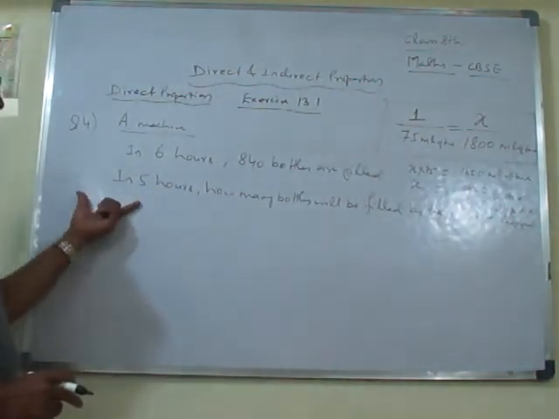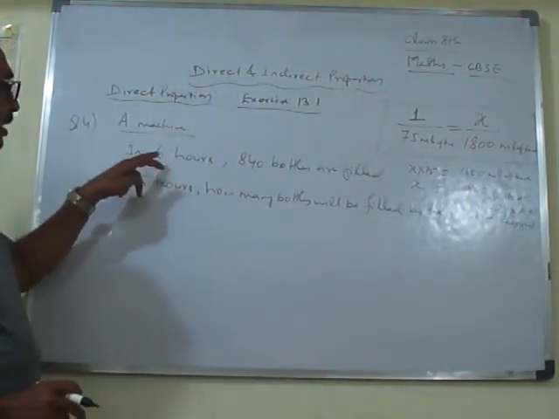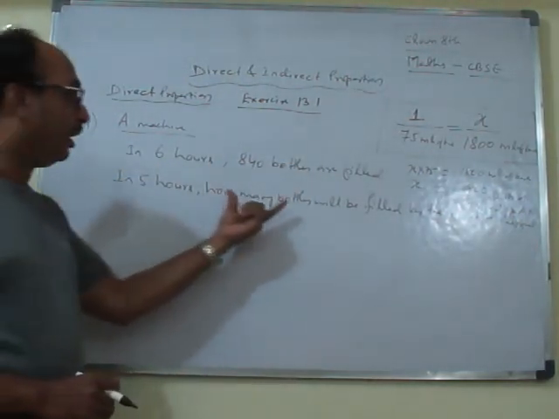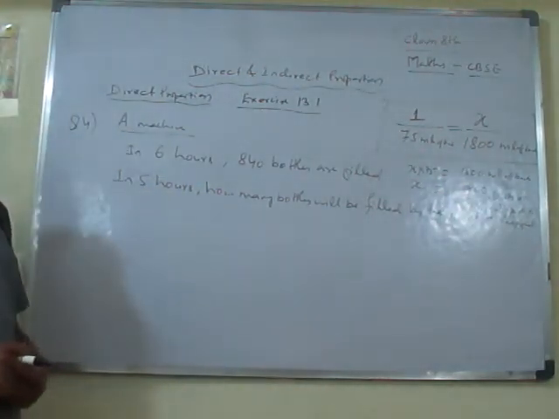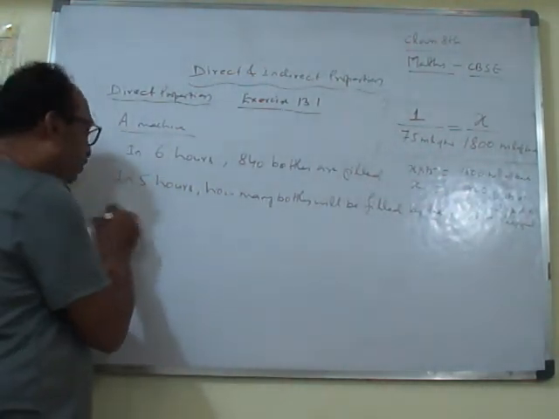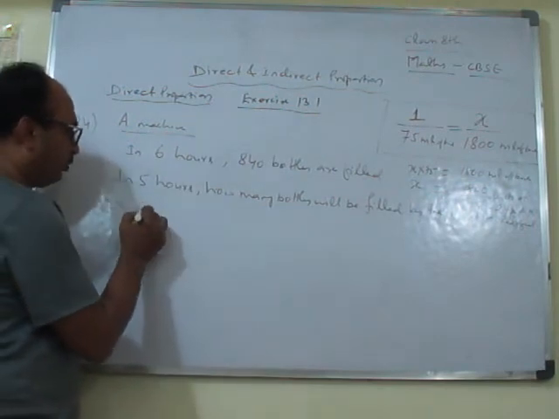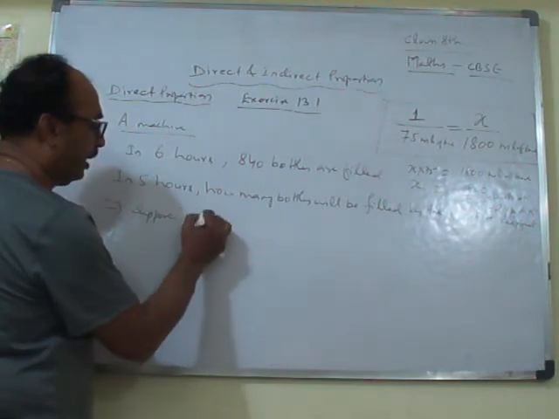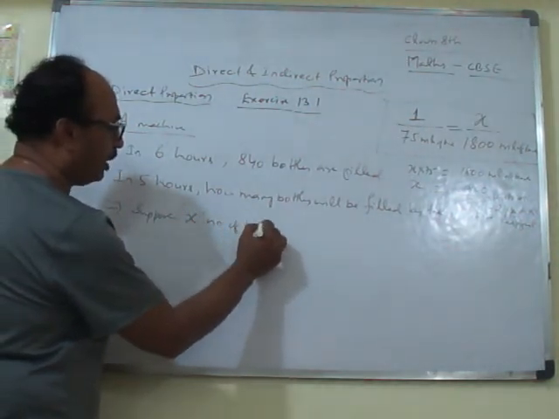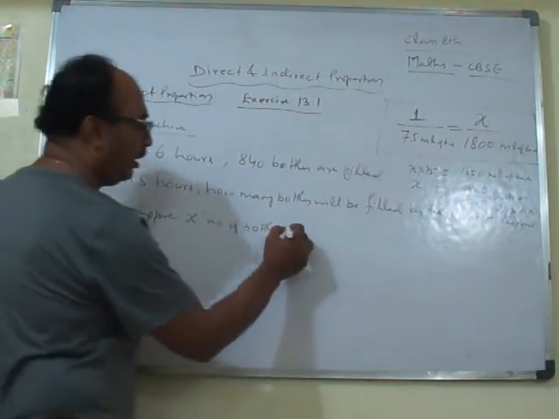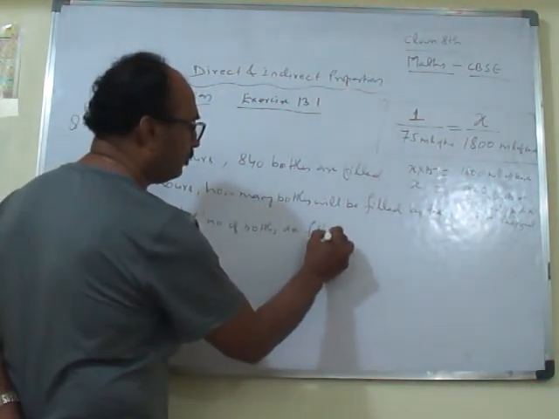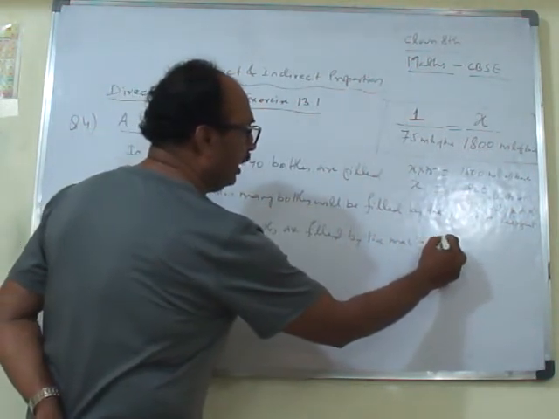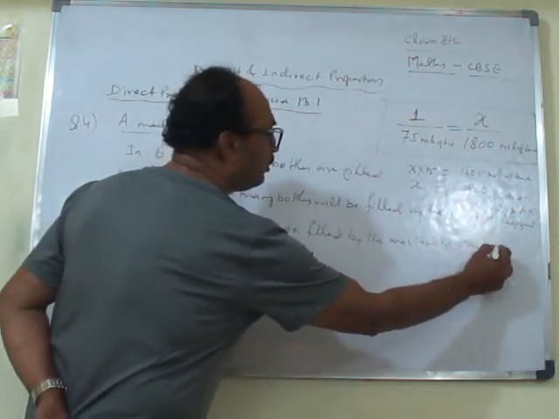Similarly, when we are solving this one, we are given the question: in 6 hours 840 bottles are filled, and in 5 hours how many bottles will be filled by the machine. Then what we will do, suppose X number of bottles are filled by the machine in 5 hours.